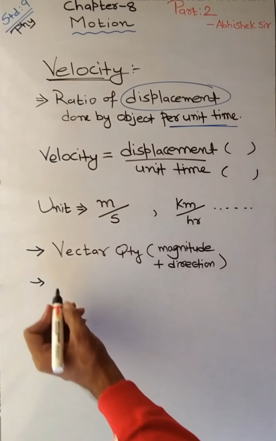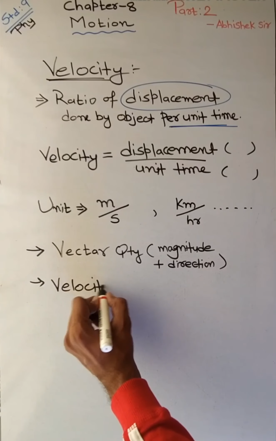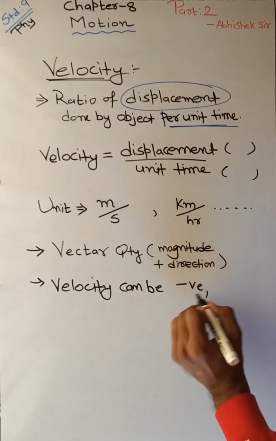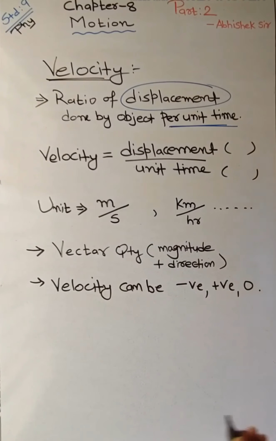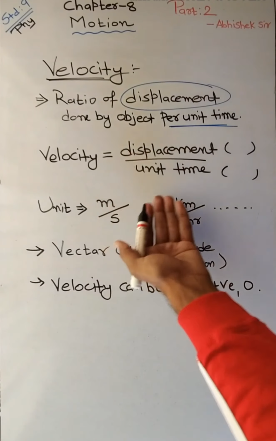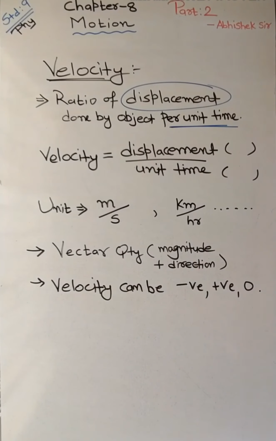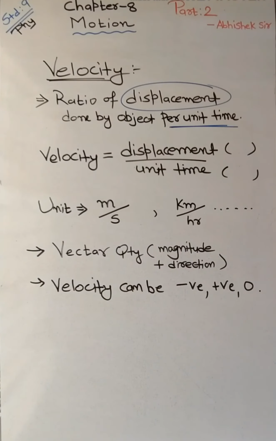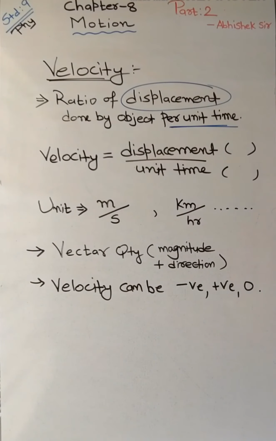So velocity can be negative, positive or zero. Zero, if displacement is zero, because zero upon anything will become zero. So the few points: velocity needs direction, so it is a vector quantity; velocity can be negative, positive or zero; and the SI unit of velocity is meter per second.